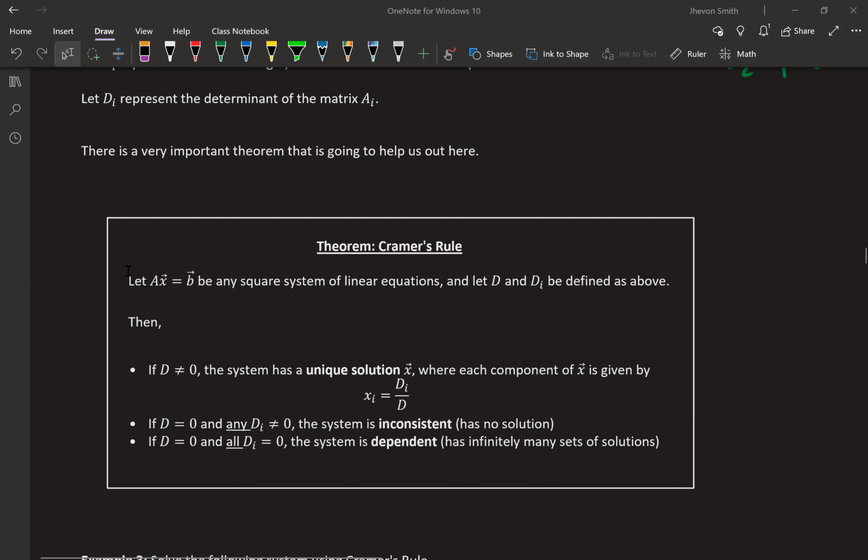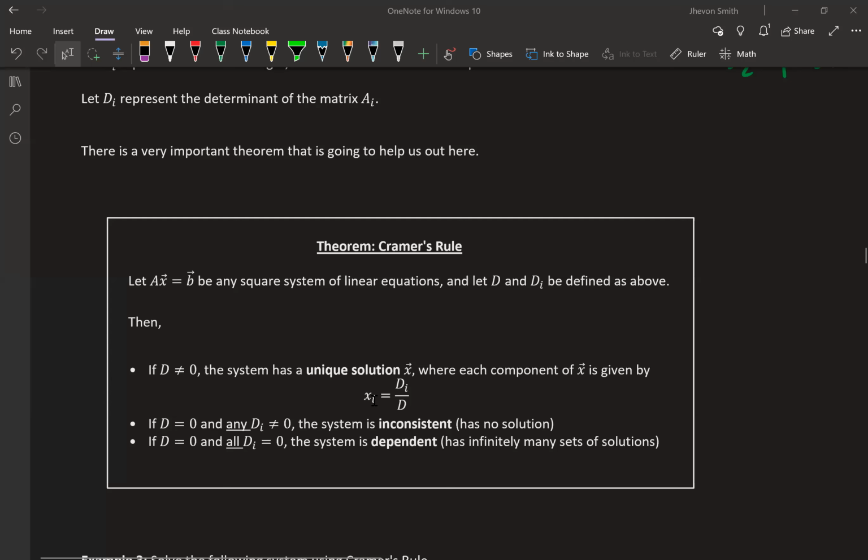Cramer's rule. If you have a square system, it does not work for non-square systems, because you should remember that we cannot take determinants of non-square matrices. If the determinant of A is not 0, then it turns out the system will have a unique solution. And we know what the solution is going to be given by.